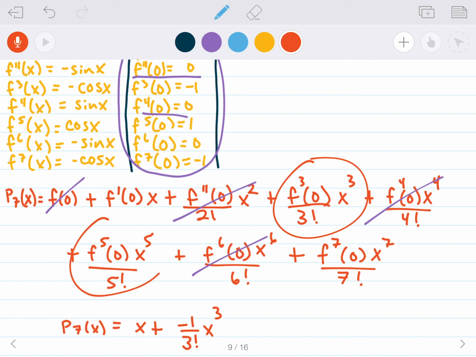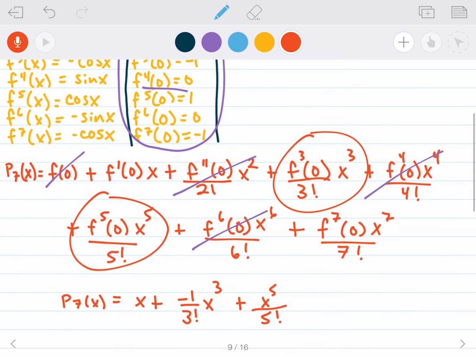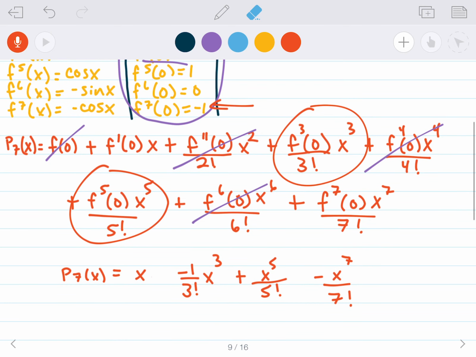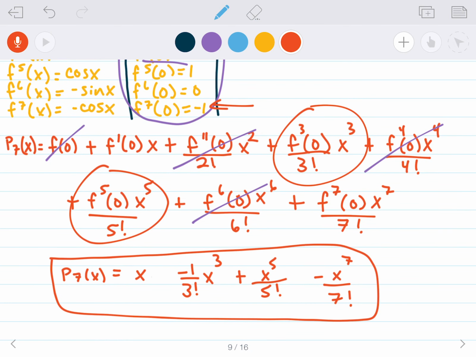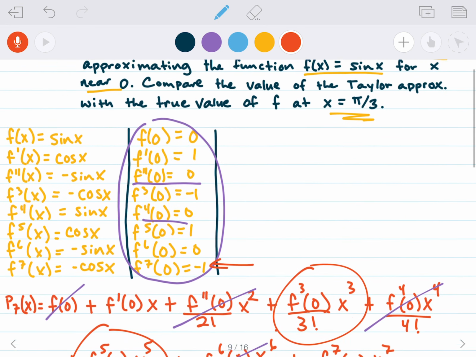Okay, now we have this guy. f5 of 0 is 1, plus x to the 5 over 5 factorial. And then the last one is f7 of 0, which is negative 1. We found that here. Negative x to the 7 over 7 factorial. And actually, I don't need this plus right here. So this is my 7th degree polynomial that is going to approximate my function.